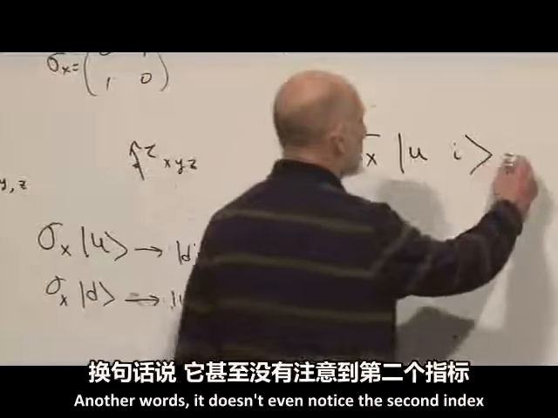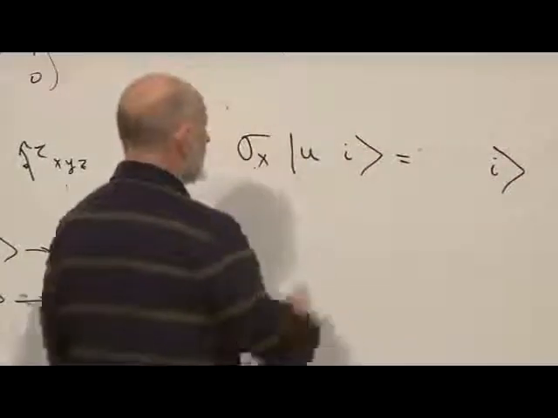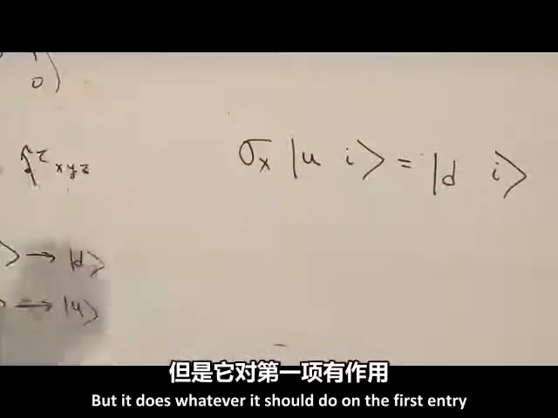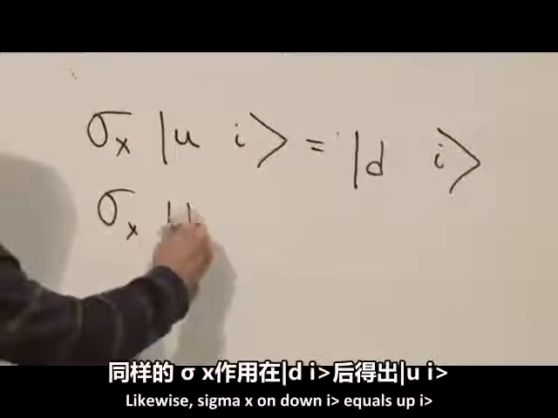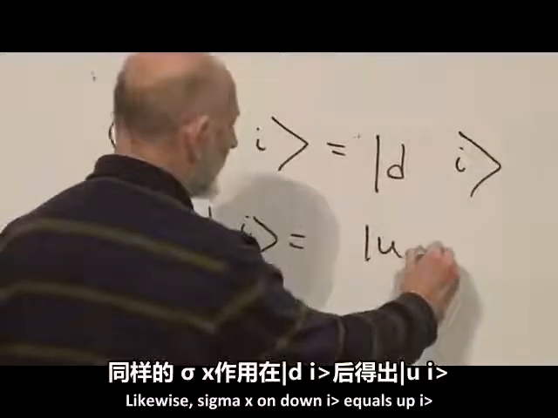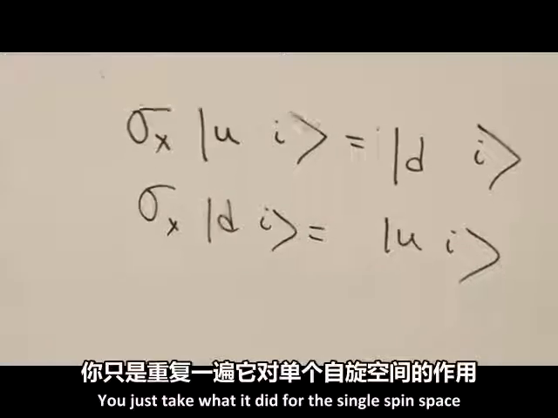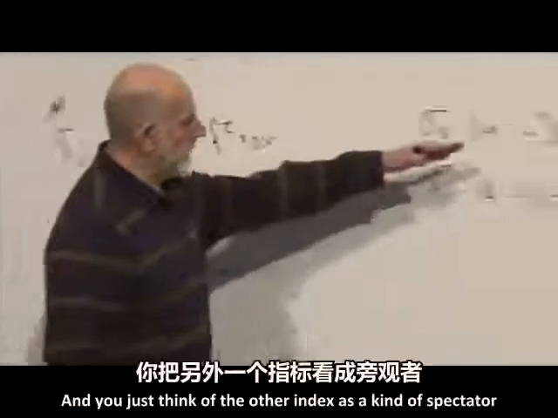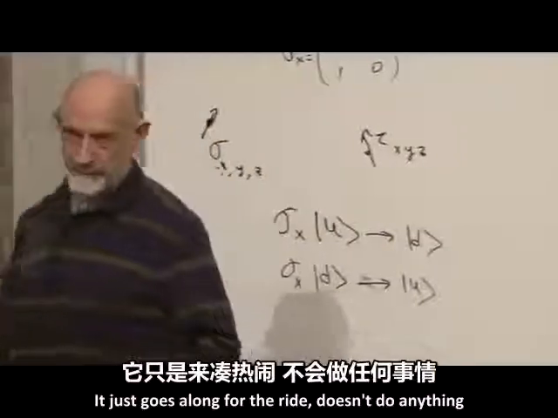In other words, it doesn't even notice the second index. It leaves it the same. It doesn't change it, but it does whatever it should do on the first entry. Likewise, sigma x on down I equals up I. You just take what it did for the single spin space, and you just think of the other index as a kind of spectator that just goes along for the ride.